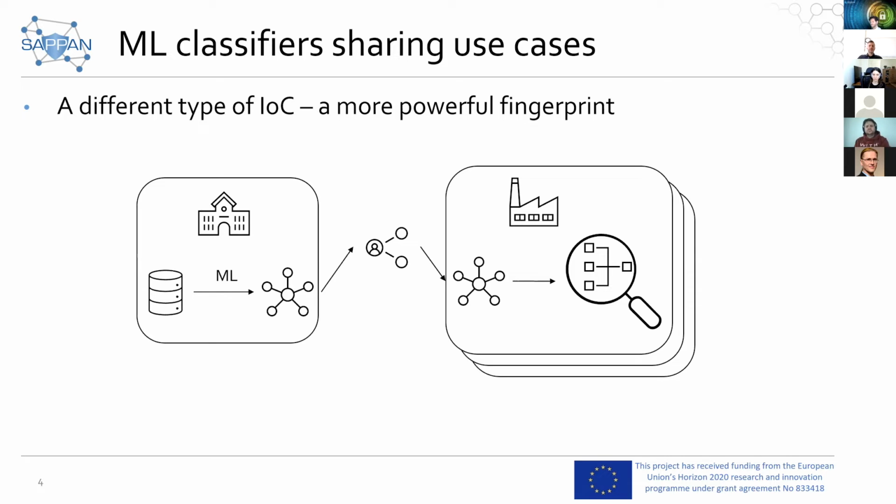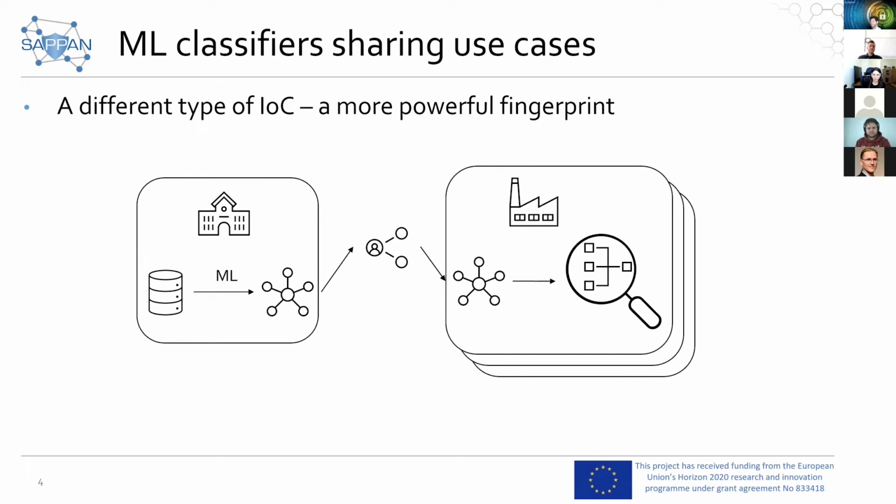And then the classifier is shared with other organizations that do not have the data. They receive the classifier and they can use it to analyze, for example, the data from their infrastructure. This is an IOC example.